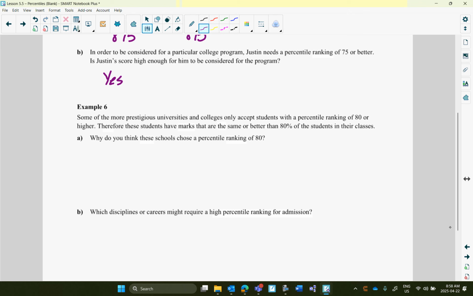What would be a sort of a common sense answer? Why would they want the percentile ranking high like that? Because they want most kids? So 80 is their minimum for getting in. Yes, so they want students that are higher. Exactly.